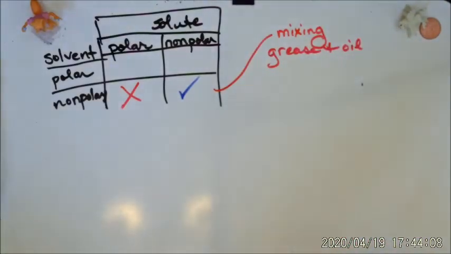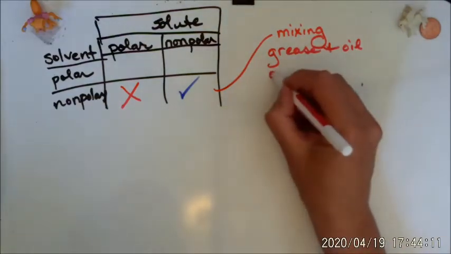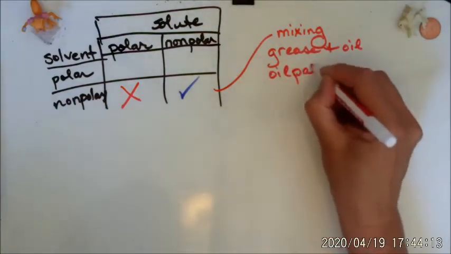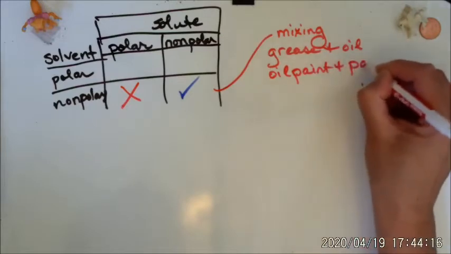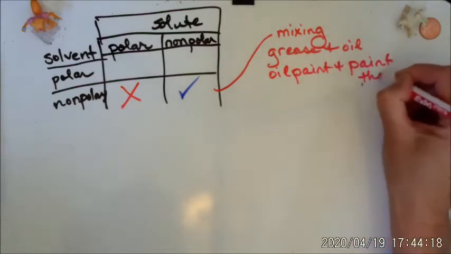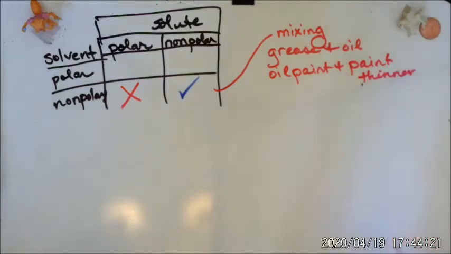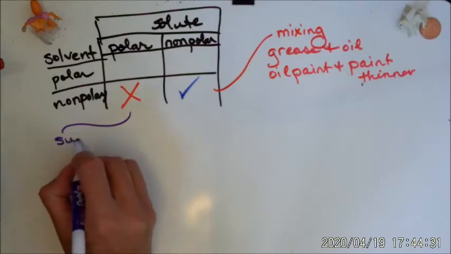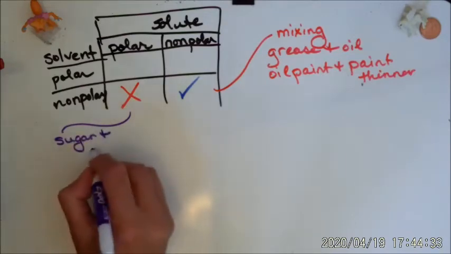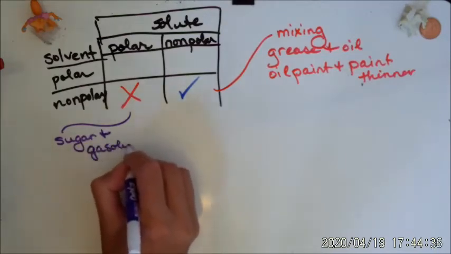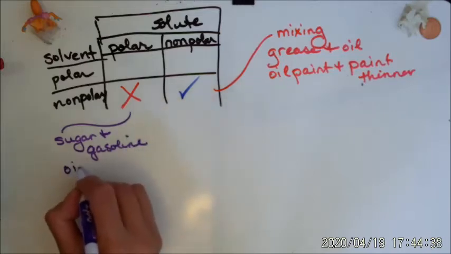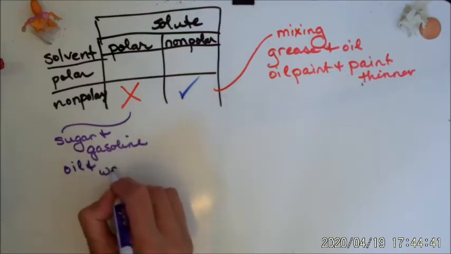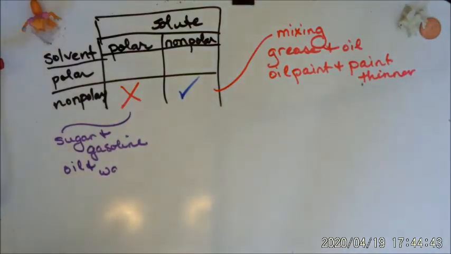Or you could say, how about oil paint and paint thinner? Your examples over here: sugar and gasoline, or oil and water. Let me do the polar first. Water and oil.